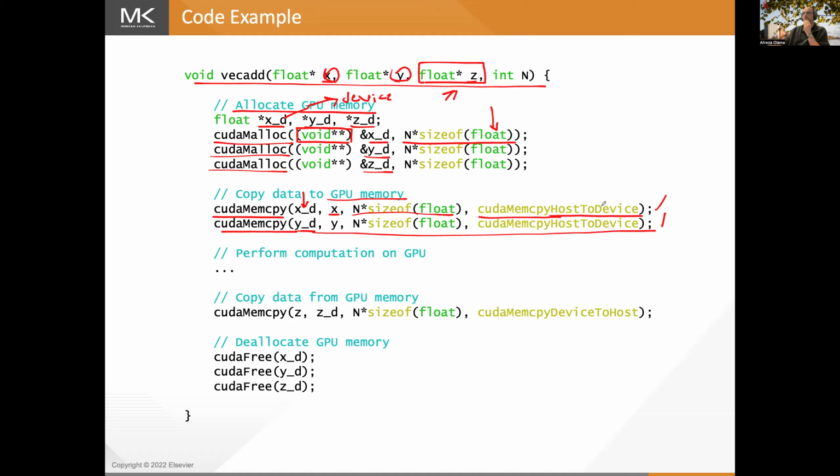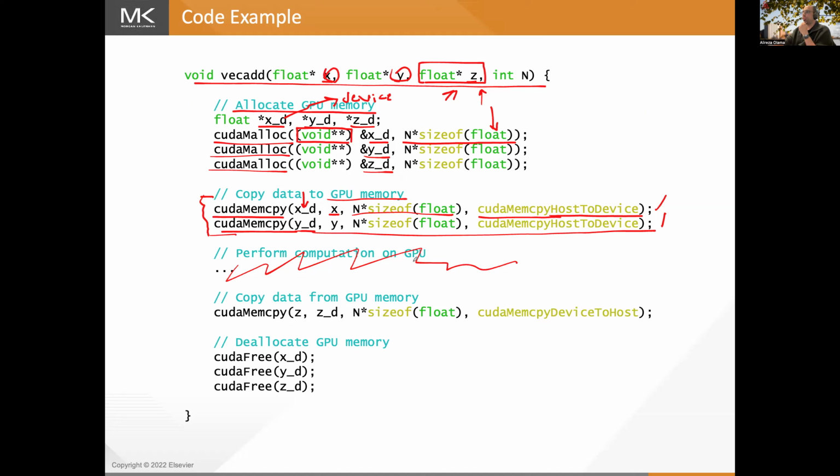Yes. Because we want to store the answers here, we don't need to send the data of this Z to the GPU. We do the computations on the GPU, right? And then we send the result from the GPU to this array. So here we copy the data from the host to the device. We do the computations here on the GPU, which we're going to talk about later.